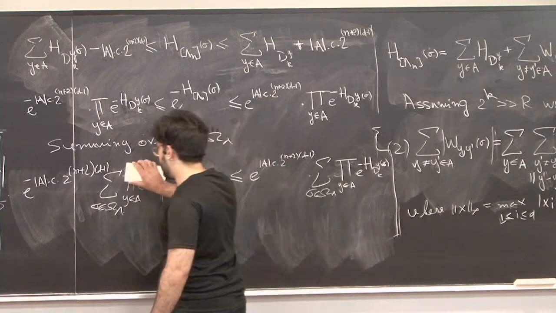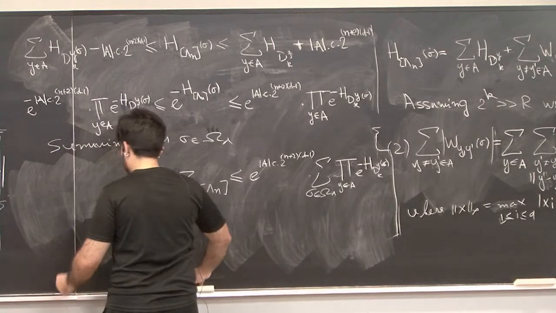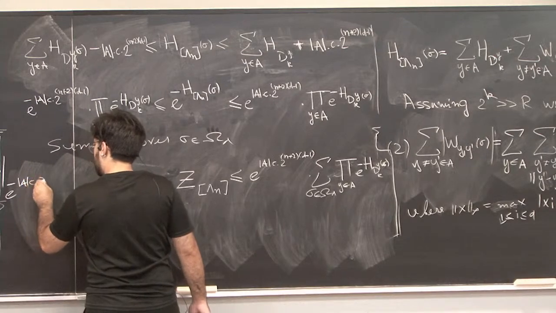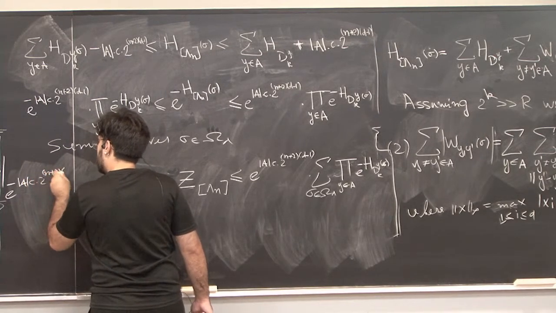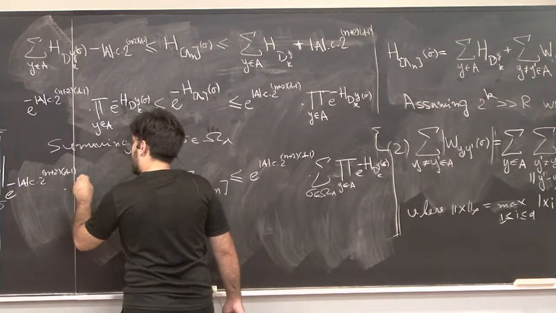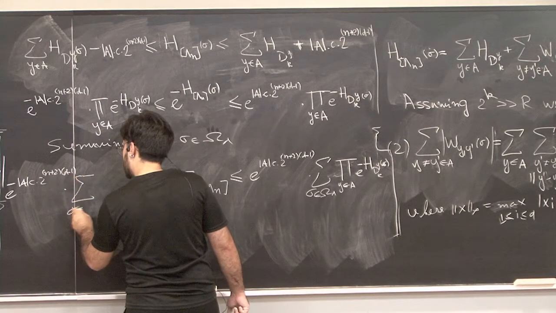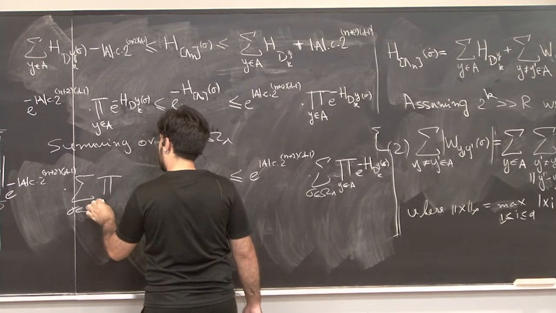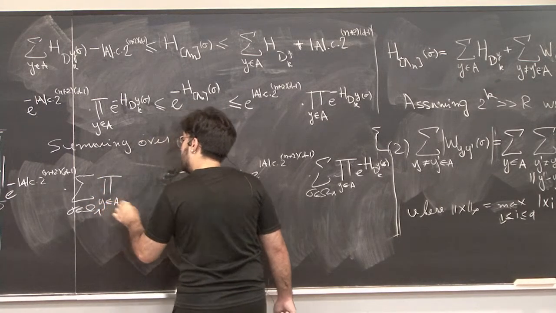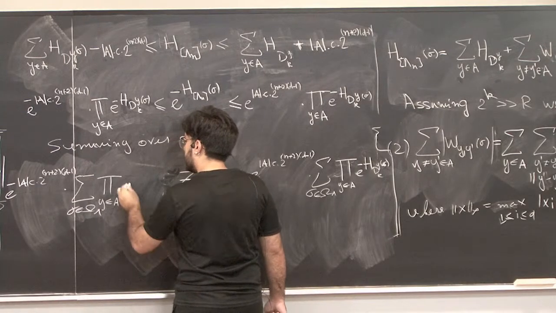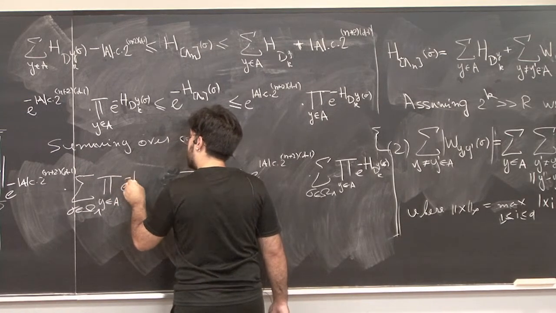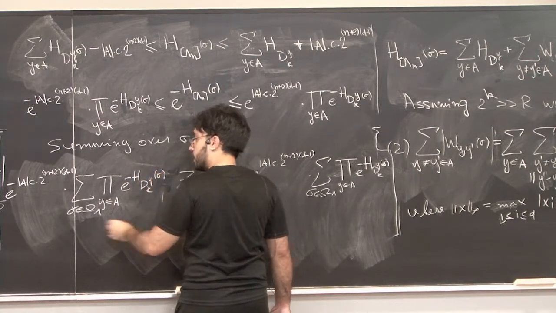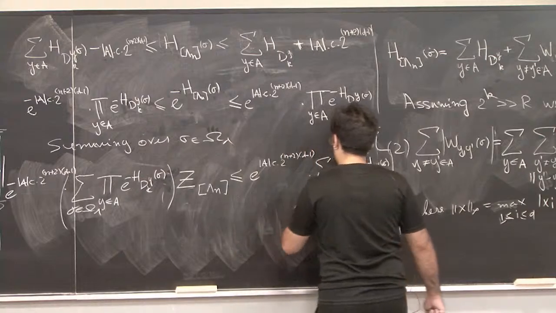Okay, I need more space. C 2n plus 2d minus 1 times the sum over all the configurations of the product y in A of the exponential of minus h dky sigma. Okay, so this and this.